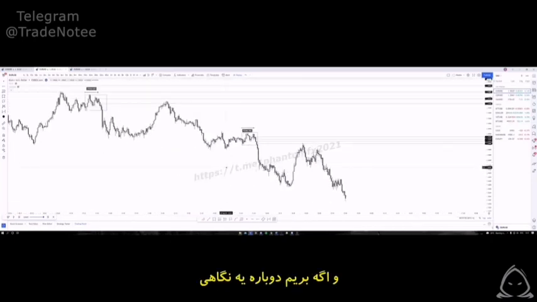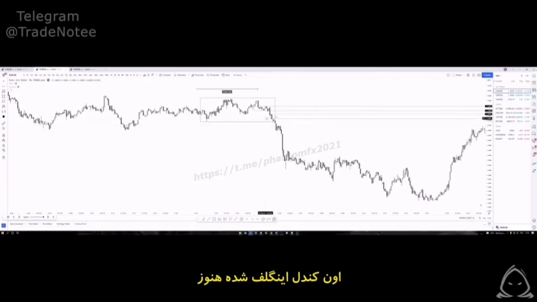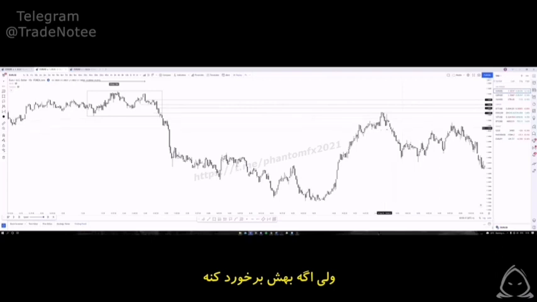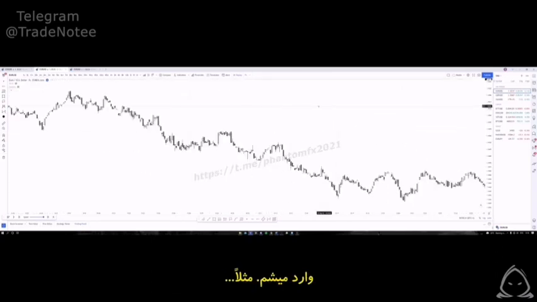And if we go and look at that candle, that engulfed candle is still within the time window. The range hasn't broken until here. This breaks it, so essentially this is the candle that breaks the range. But if it hits that, I'm more than happy to take very low time frame entries.